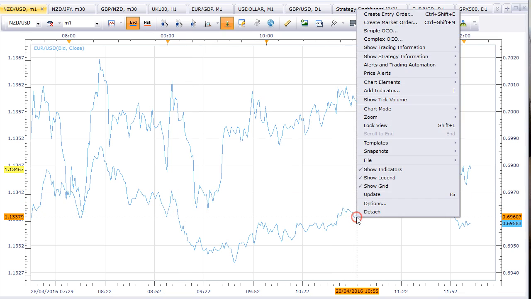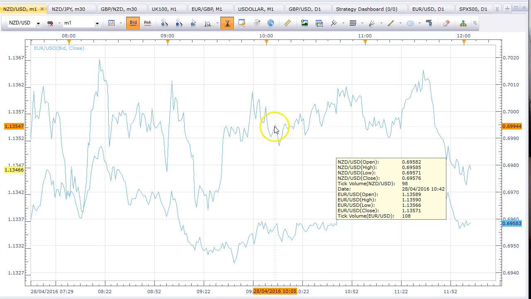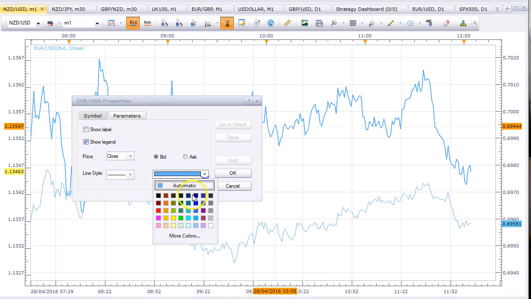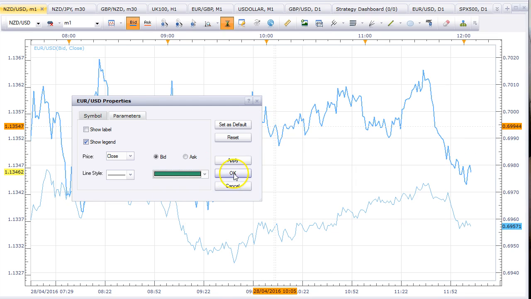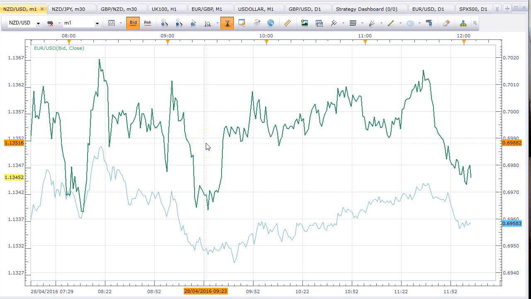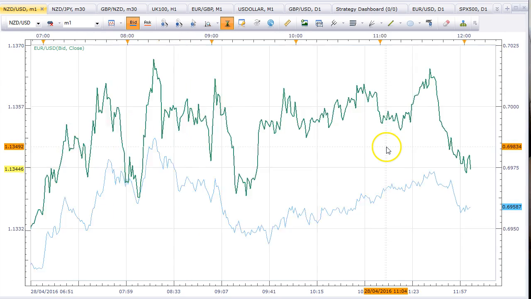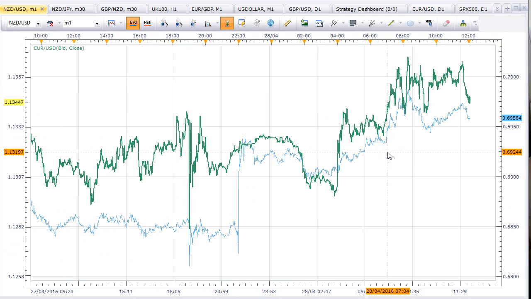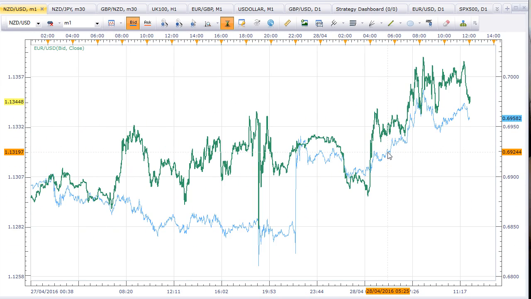Okay, try this one perhaps. Make that a different color, and so here we go. So now the Kiwi dollar is at the bottom, and the Euro US dollar is in green. Okay, so with lines, it's a little bit easier to see things clearly. So you might want to use that for that reason.